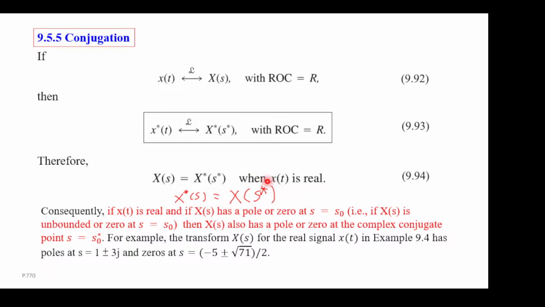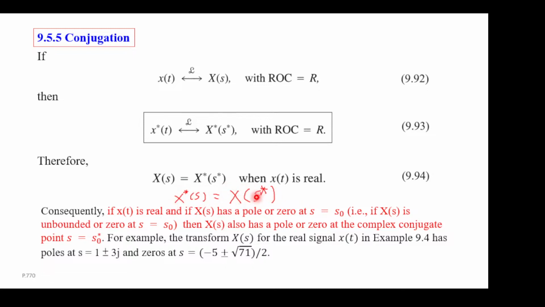So I think about big X of s star, right? And it was s0 star, and that equals big X of s with the complex conjugation taken. So let's say at s0 you have a pole, then big X of s0 equals infinity, and the complex conjugation of infinity is still infinity. So you see that if you are infinity at s0, then you are infinity at the complex conjugate of s0. And similarly, the complex conjugation of 0 is also 0. So if big X of s is 0, then big X star of s is also 0.